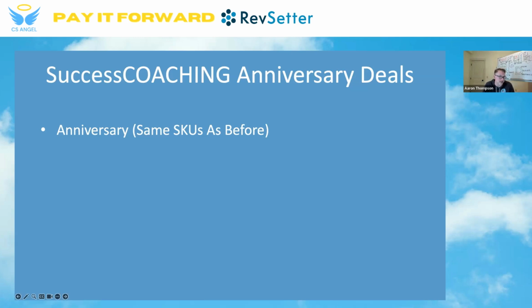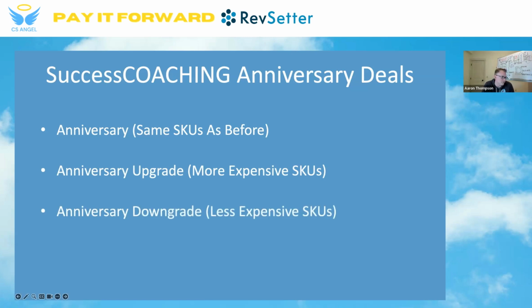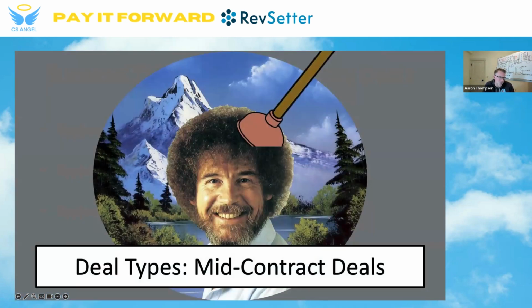It could be a full-on anniversary, which would be the same SKUs like a renewal. It could be an upgrade, so moving from level 1 to level 2, because they typically cost more as you move up in level. Could be a downgrade. We see that sometimes. You had level 2, and now you just got new staff and you just need level 1. So we've got some downgrades at anniversaries as well.